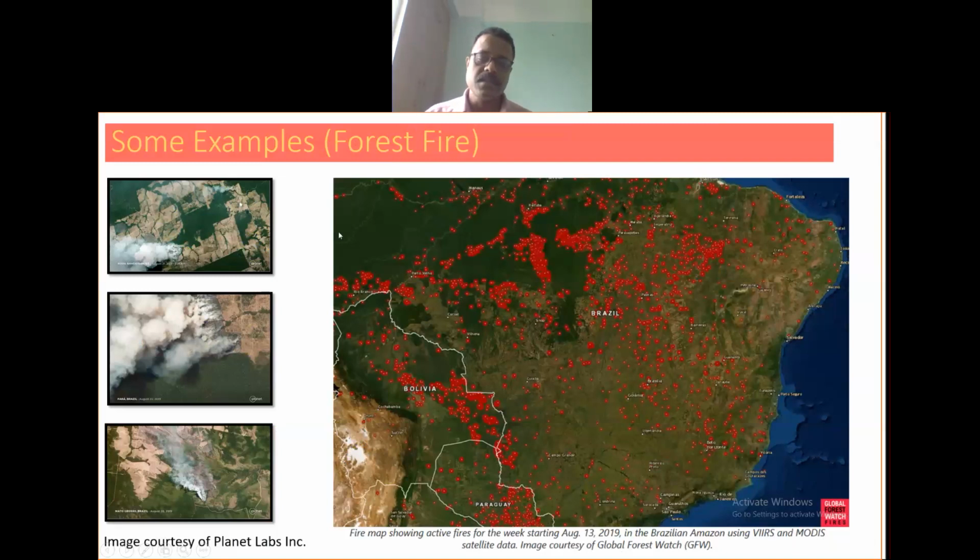Recently, just in the last year, we were witnessing in the news that the Amazon was burning at an unprecedented rate. These are events which are being mapped from space, where the Amazon forest was burning. Why is it so important?